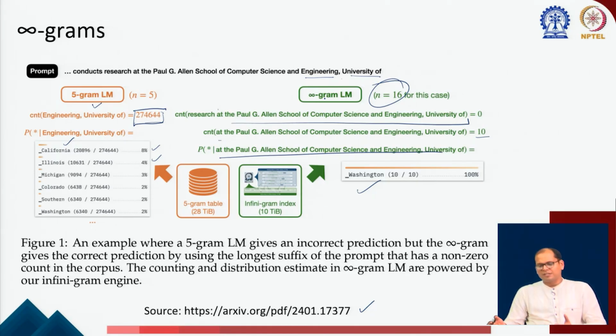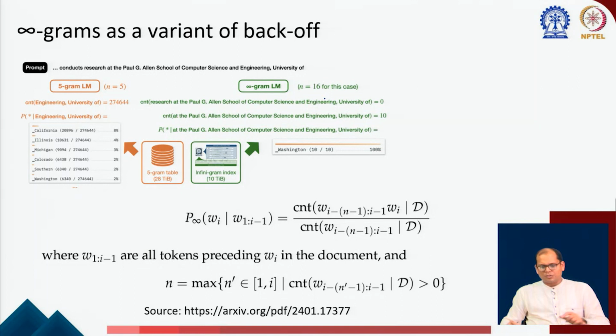So, how does this infini-gram model help? It can back off to any n that is available in the data, right. So, it is just a variant of backoff. In infini-gram, suppose I want to compute the probability of w_i given the previous i minus 1 words, it is the probability of the previous n minus 1 tokens followed by w_i. Now, which one will you take?